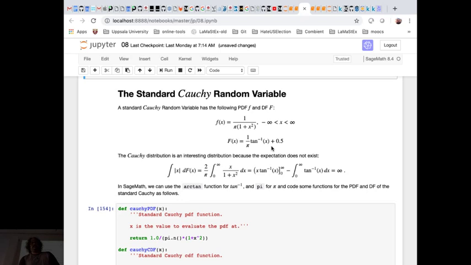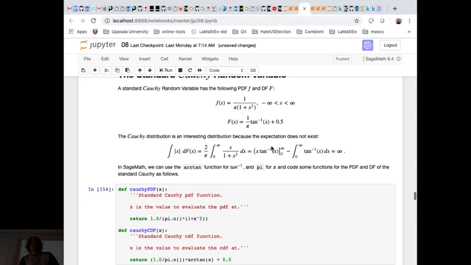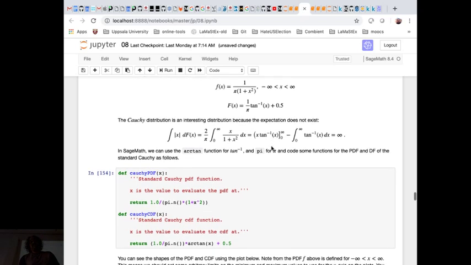Obviously you'll have this notebook in your exam, so you don't have to memorize it. But this is the punchline, right? The Cauchy distribution is an interesting one because its expectation does not exist. When we define the expectation of a random variable, we first of all have to assume that it exists.